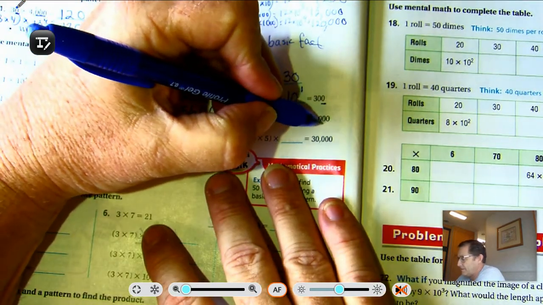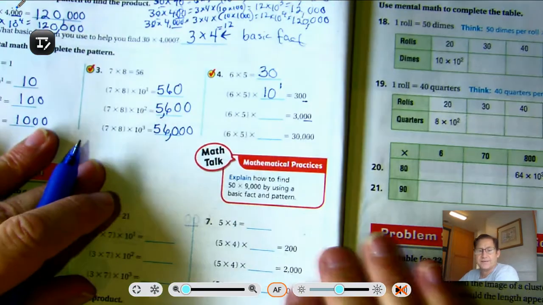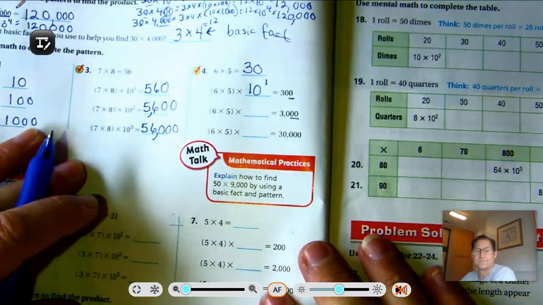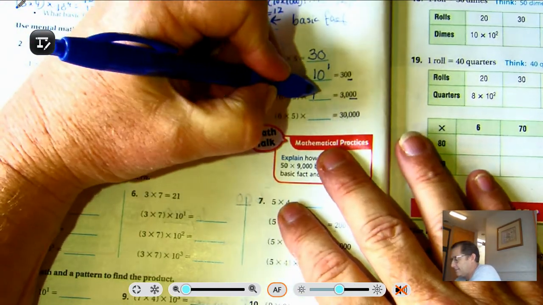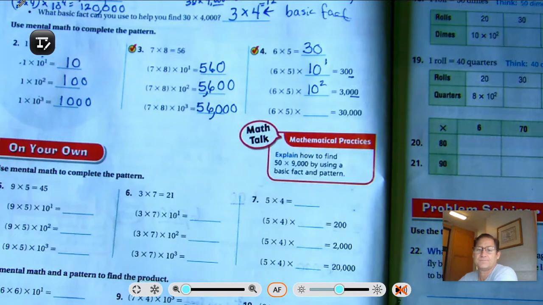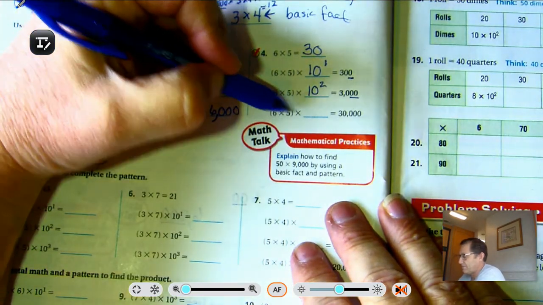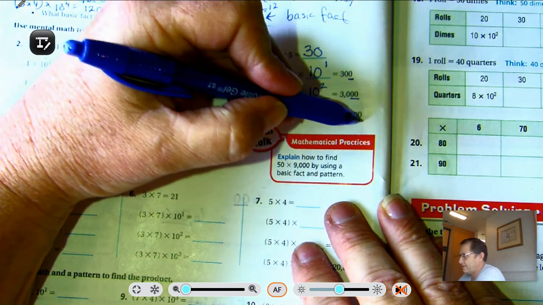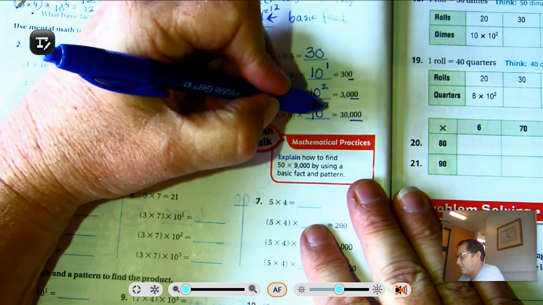So 30 is our basic math fact, and is followed by 2 zeros. So 30 times 10 to the second power. And the last one, 6 times 5 is 30. That's our basic math fact. And it's followed by 3 zeros. So the third power of 10.